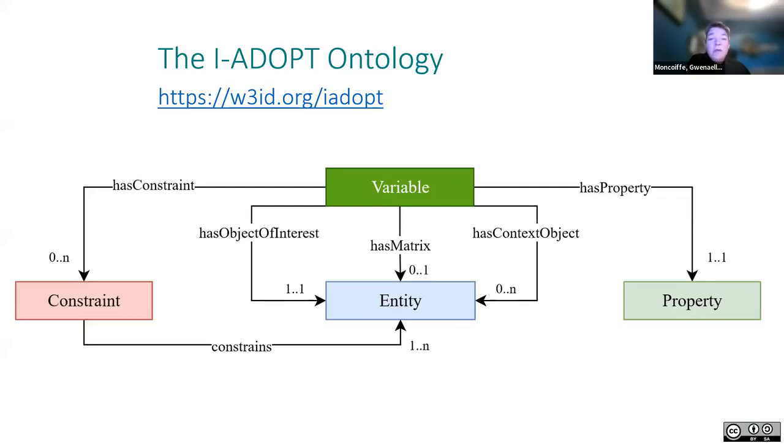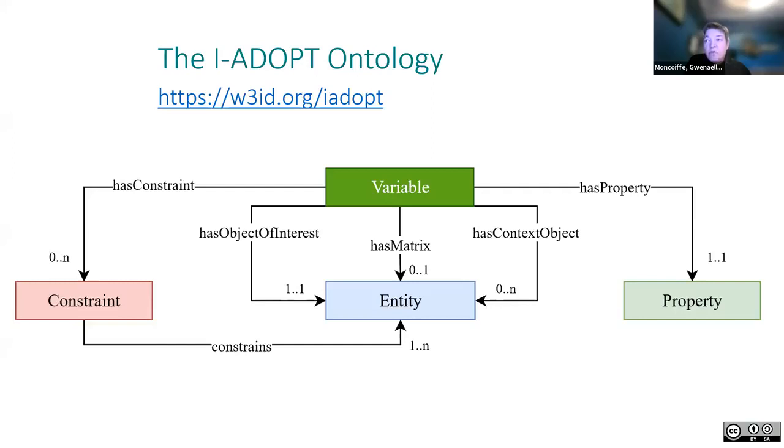So imagine temperature of the water. The water would be the object of interest, the temperature would be the property. Or concentration of nitrate: concentration is a property, nitrate is the object of interest. The variable may also have some constraints, which gives us a certain flexibility.